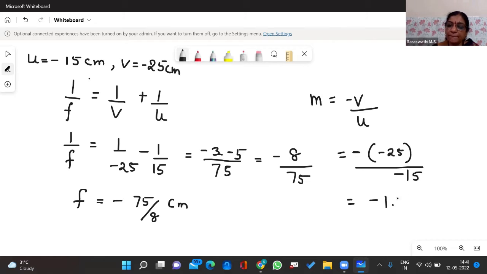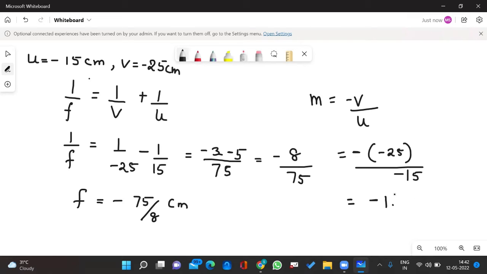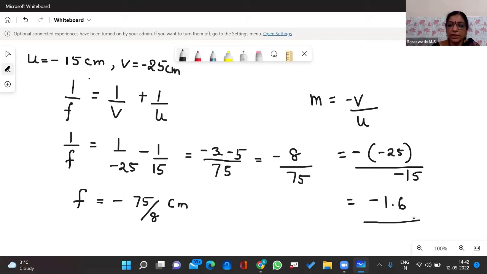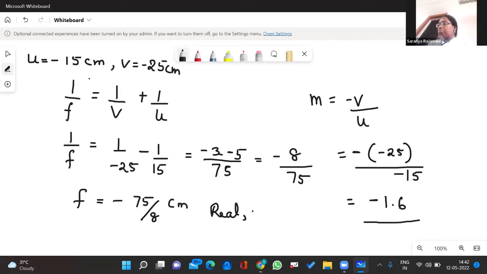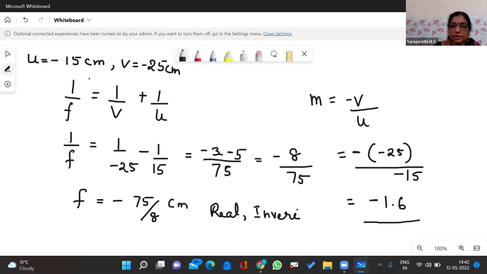What is the answer? 25 by 15, so 1.66. So this is the magnification. You can infer that the minus sign tells you it is real and inverted. Real, inverted, magnified image.